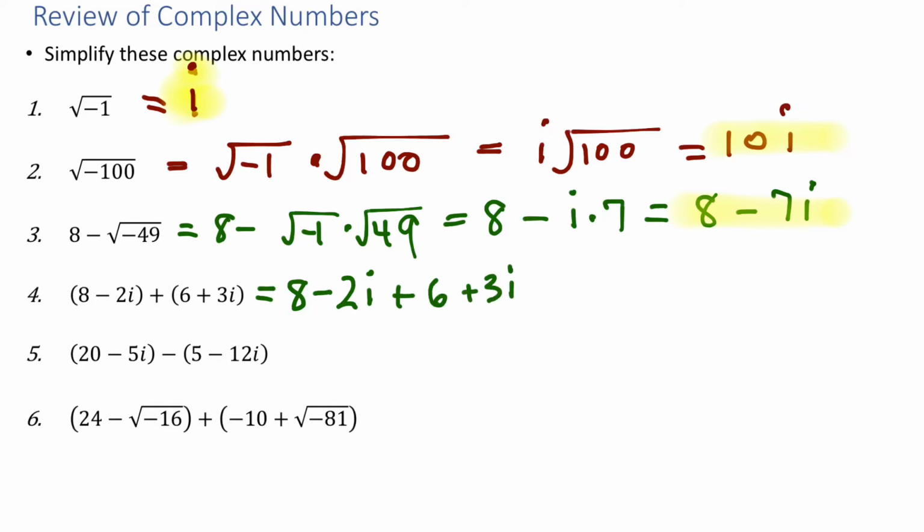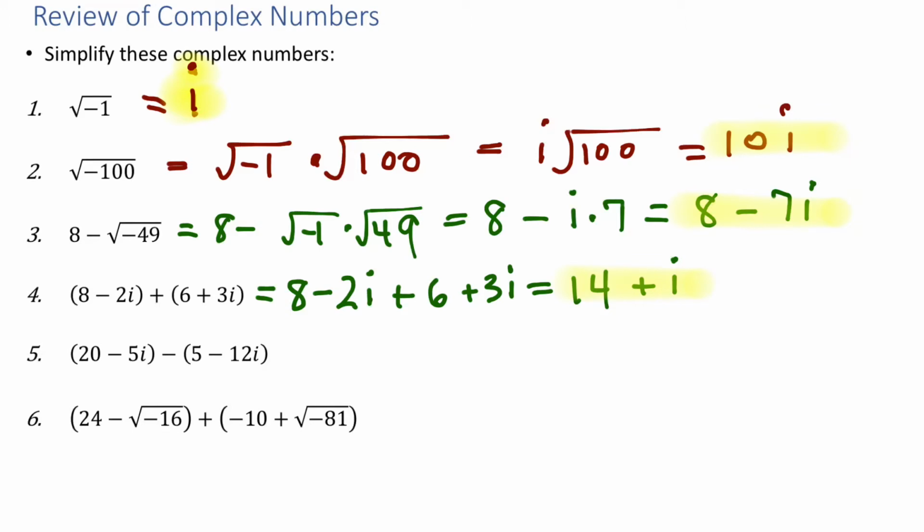So now you can think about it as combining like terms. So I have 8 plus 6, that's going to give me my real part of the complex number. And then I have -2i plus 3i, which is 1i, so I can just say i. So this is the imaginary part of the complex number.